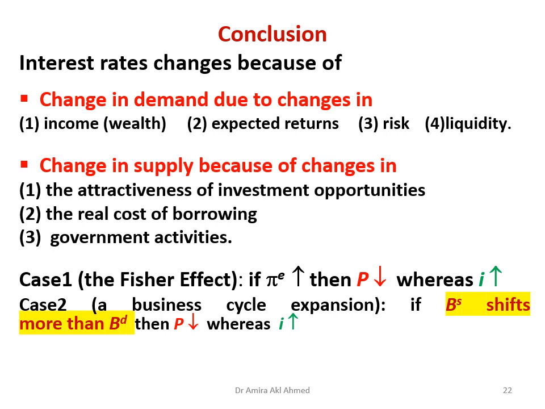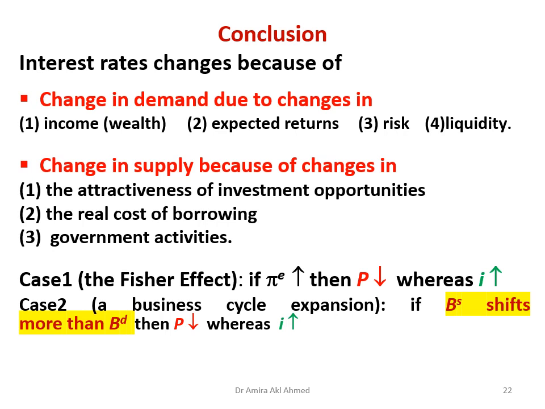In addition, interest rates change when there is a change in supply because of a change in one of the following factors. First, the attractiveness of investment opportunities. Second, the real cost of borrowing. Third, changes in government activities.